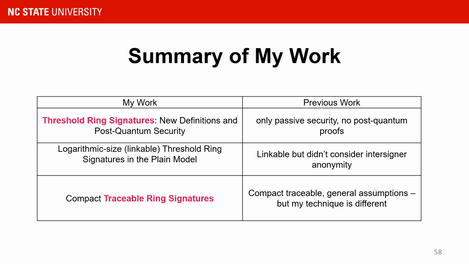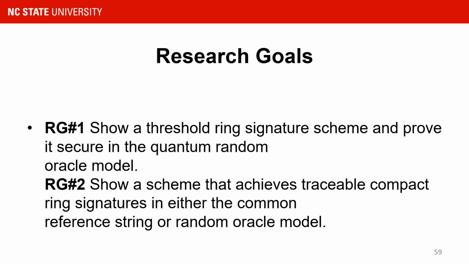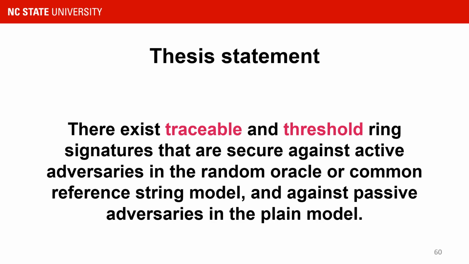So, with that, I have answered both my research goals for threshold and traceable ring signatures in different models. My conclusion is that my thesis statement was: there exist traceable and threshold ring signature schemes that are secure against active adversaries in the random oracle or common reference string model and against passive adversaries in the plain model.